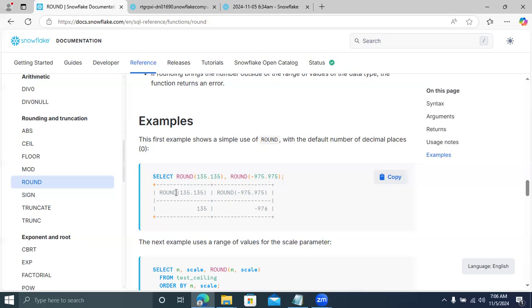Now talk about this one. 130.135 coming to 135, it's ceil fashion. If it is 130, you can say it's ceil. 130 coming to 135. Ceil or floor?